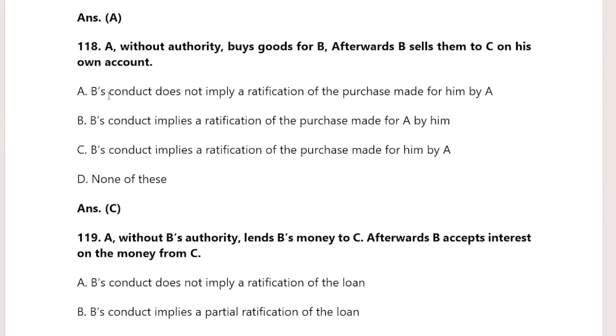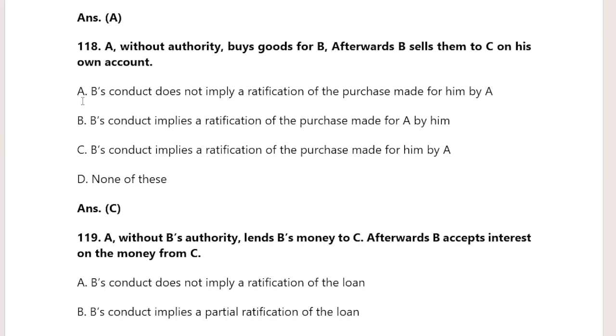And the next question is: A without authority buys goods for B. Afterward, B sells them to C on his own account. The question is: A without authority buys goods for B. Afterward, B sells them to C on his own account.